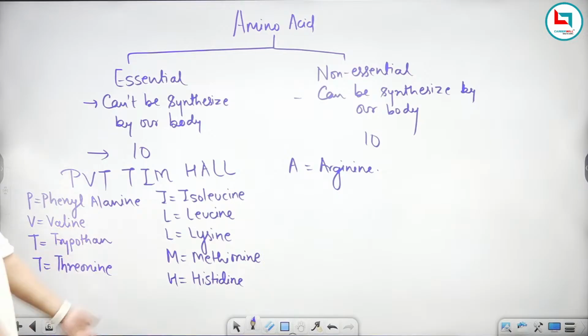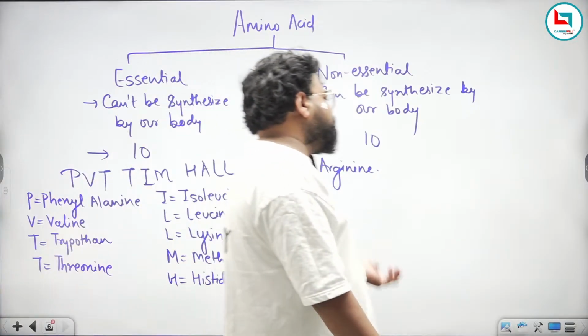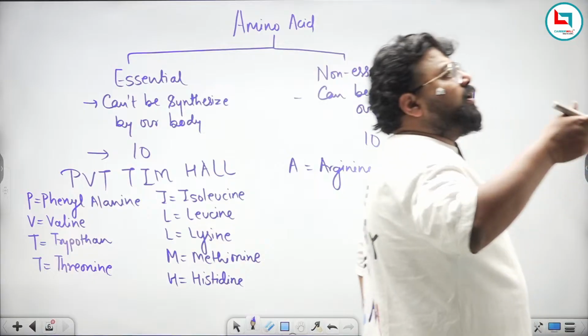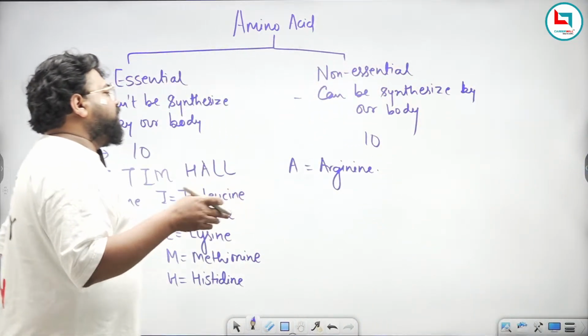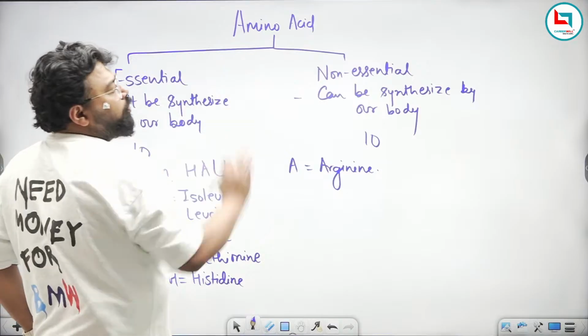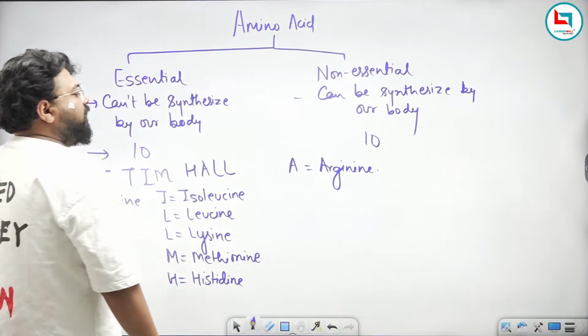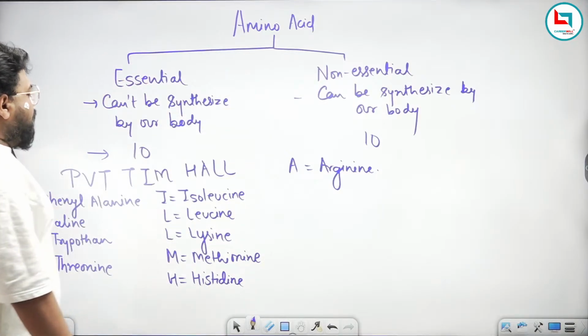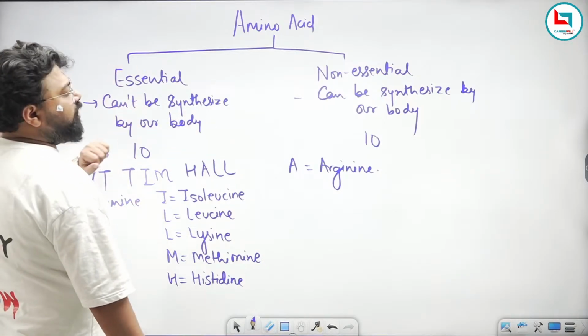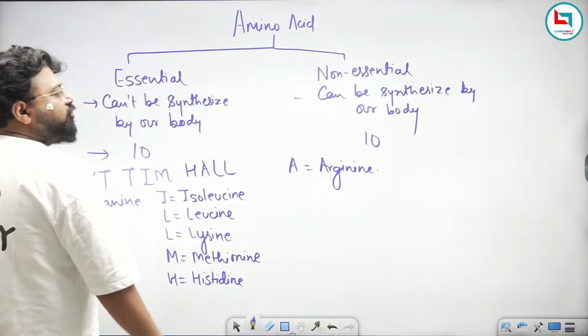The remaining amino acids like serine, proline, glycine, aspartic acid, glutamic acid, tyrosine are said to be non-essential amino acids. Now, according to your books, the number of essential is 10 and the number of non-essential is 10.